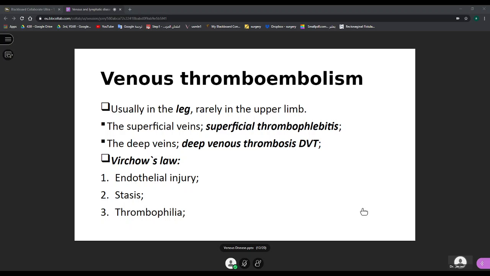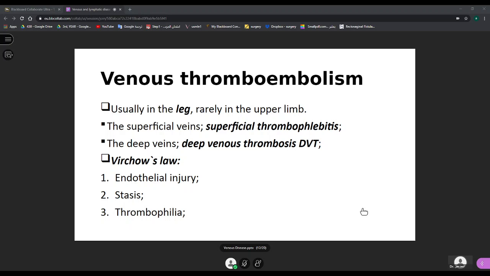Thrombophilia indicates that the blood has a tendency to thrombose. For example, patients who are taking contraceptive pills, because contraceptive pills alter the normal clotting mechanism. Patients who have malignancy or cancer are more prone to develop thromboembolism. Patients who have loss of protein C and protein S are more prone.